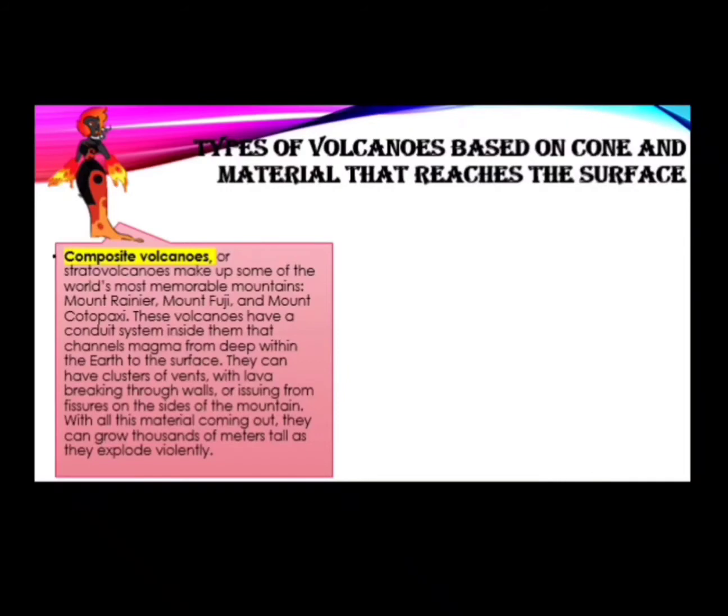Next is the composite volcano or the stratovolcano. These volcanoes have a conduit system inside them that channels magma from deep within the earth to the surface. They can have clusters of vents with lava breaking through walls or issuing from fissures on the sides of the mountain.